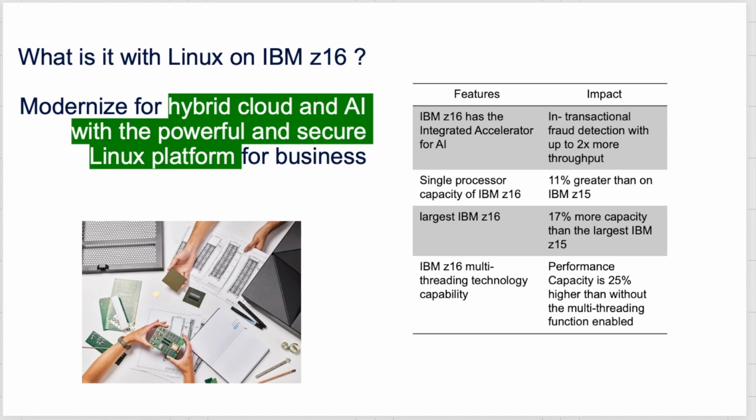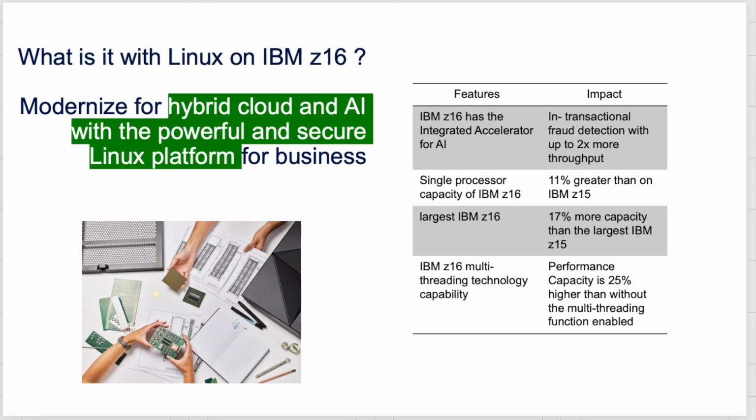Workload isolation, integrated crypto hardware, key encryption and management, data encryption and privacy, network encryption, secure execution for Linux, time source security. These are all security capabilities that come with Z systems. There are several software security measures from IBM and others that can be added to the IBM Z hardware to make it more secure from a software perspective.